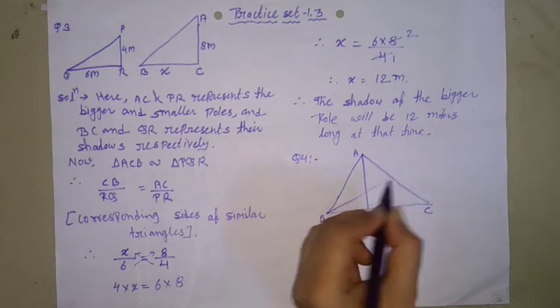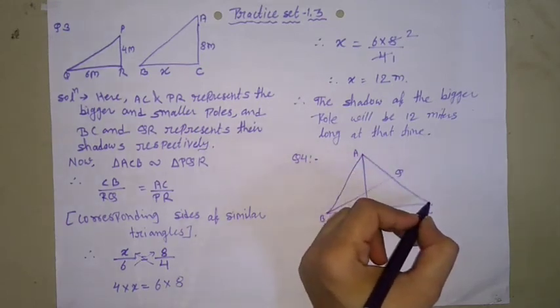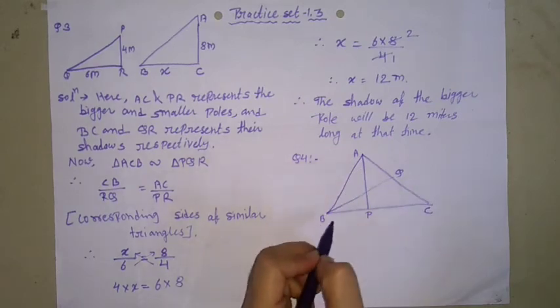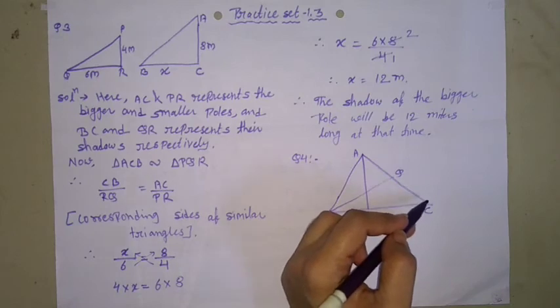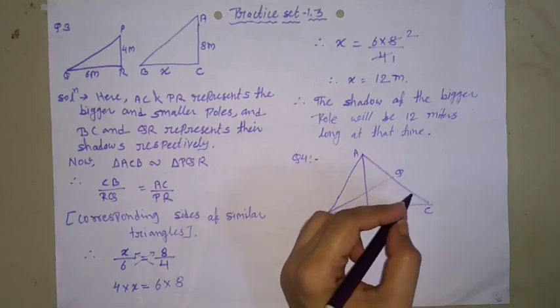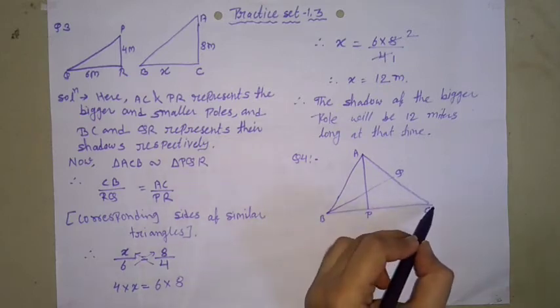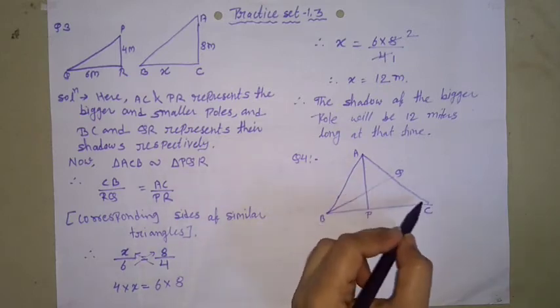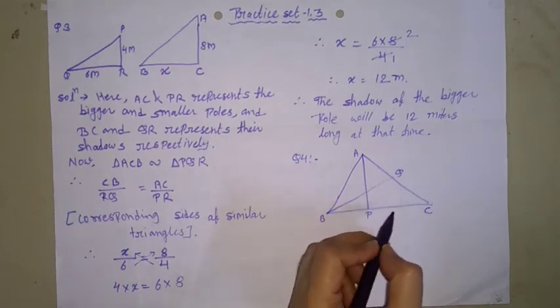BQ is perpendicular to AC. B, P, C are collinear points and A, Q, C are collinear points. Then prove that triangle CPA is similar to triangle CQB.